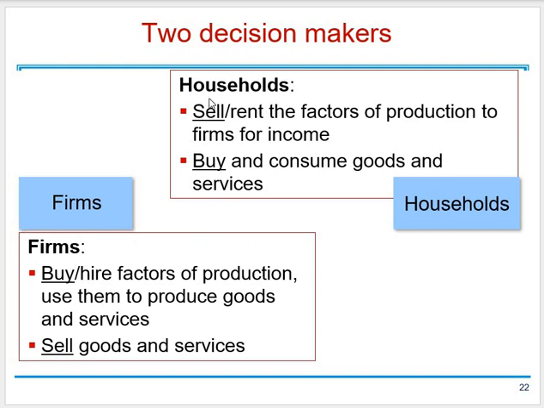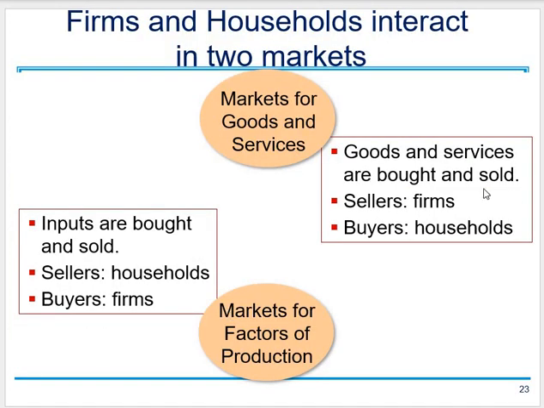Now let's take a look at firms. So firms need to acquire factors of production from the factor market. They need to hire people, they need to get capital, facilities, machines, and stuff from the factor market. And they need to sell their products in the goods and services market to earn profit. So looks like both parties, firms and households, need both markets. So keep in mind that households and firms play different roles in different markets, right?